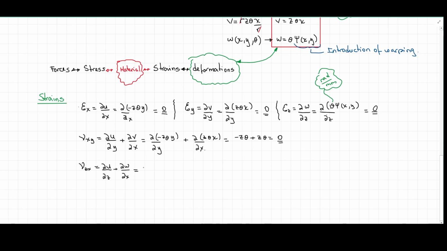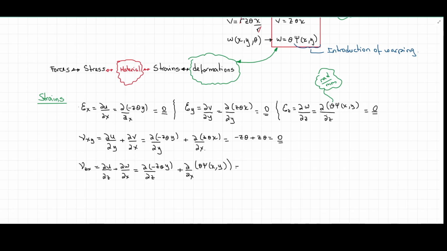So u is this one, minus z y, partial derivative with respect to z, plus then the partial derivative of this one with respect to x, and w is this one here, and this is going to be theta, and a function that varies with x and y. Great.